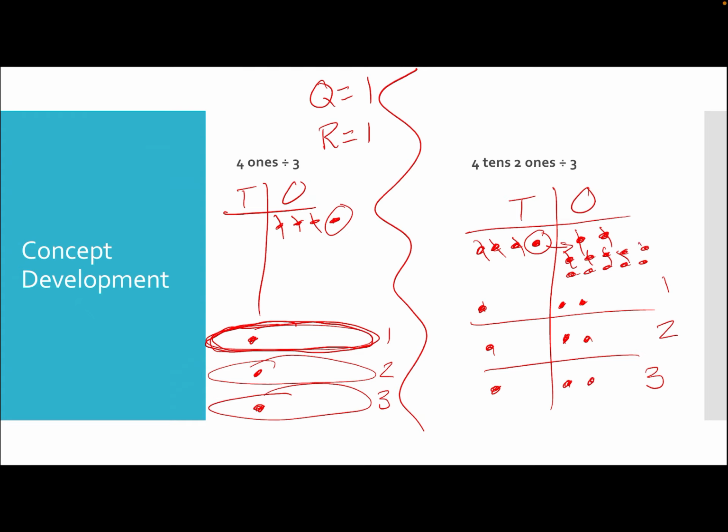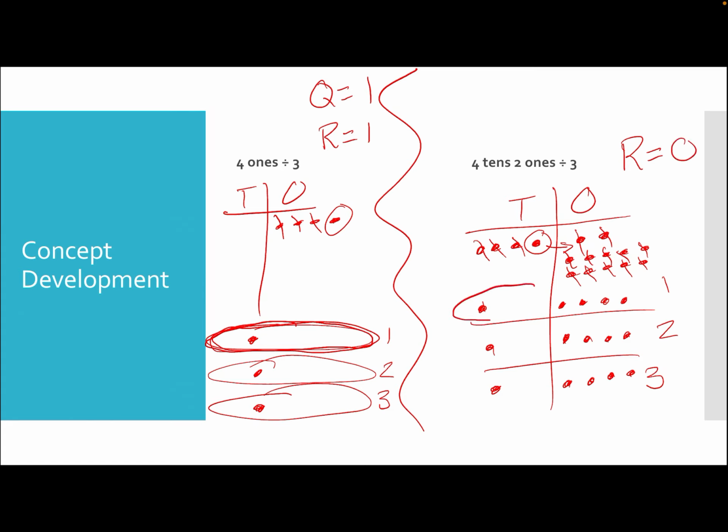And you just want to make sure that everyone has an equal number. All right. So, do we have any left over here in the ones column? We do not. So our remainder is going to be 0.